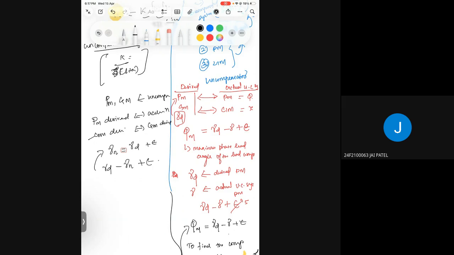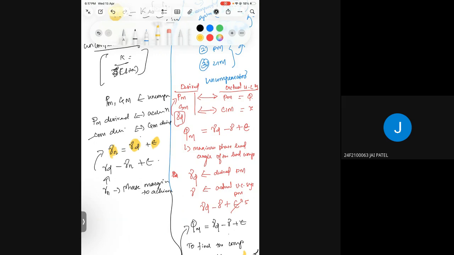And gamma n is the phase margin of the compensated system, or the phase margin to achieve, I can say. So this will be taken from the question. This is given in the question. This we are adding together. So we will know what is the deviation we need to satisfy.